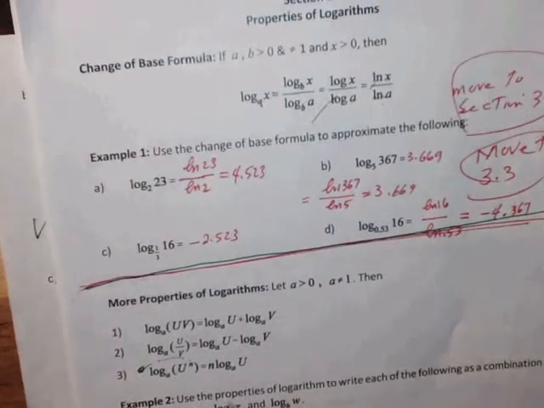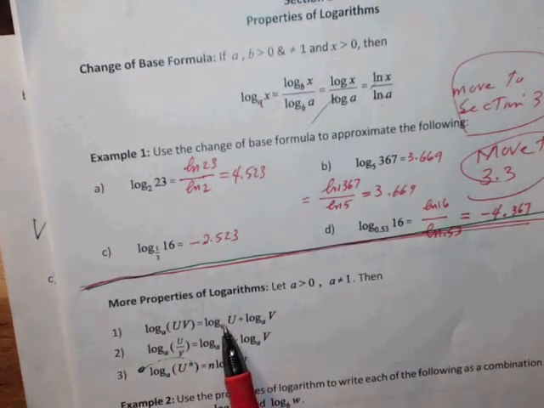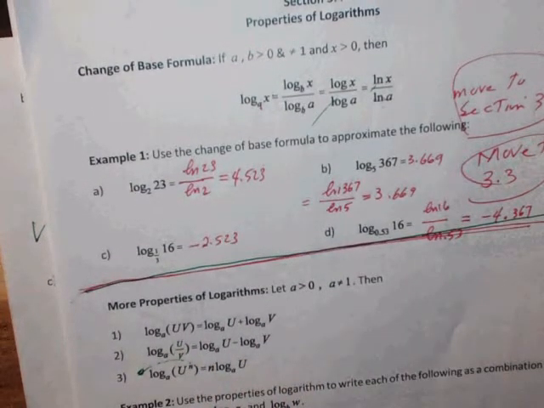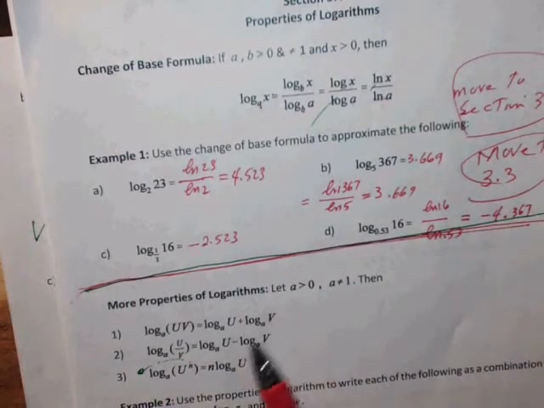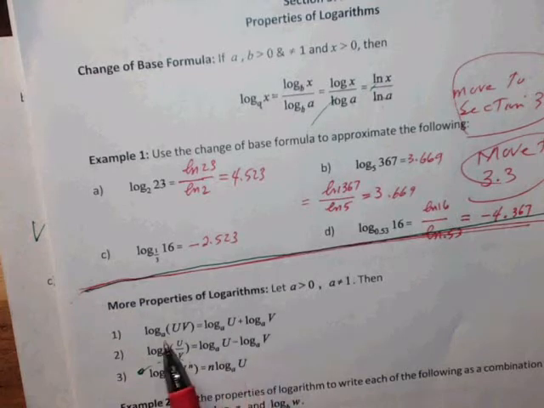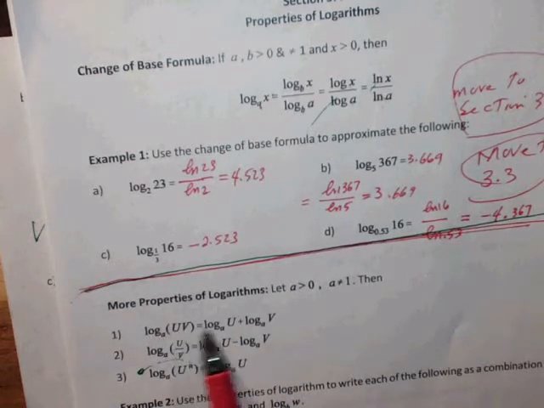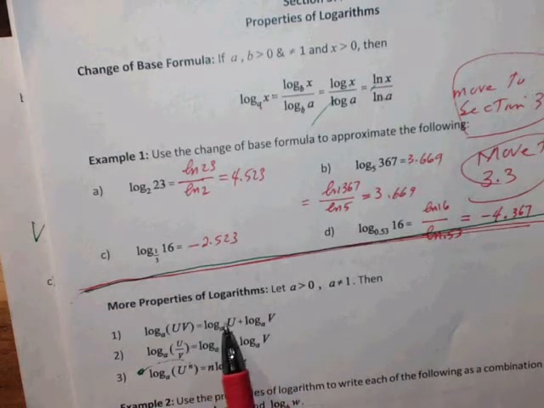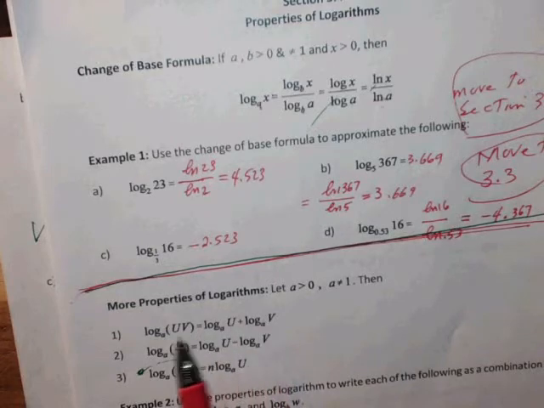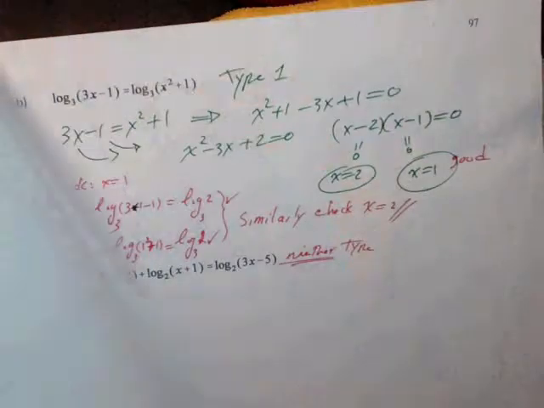Right here. You see, if you are adding 2 logarithms with the same base, then you can write it with 1 logarithm and multiply them instead. You see, log of u plus log of v is actually log of uv. So that's a good formula.